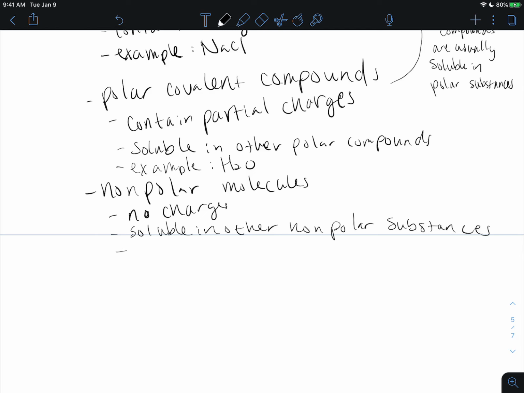And then nonpolar, something like an oil, so a hydrocarbon. Okay, or something like methane. So that'd be an example of a nonpolar substance. So a lot of our organic compounds that we looked at that don't have a heteroatom are going to be considered nonpolar in nature. Okay, that is our solubility talk.